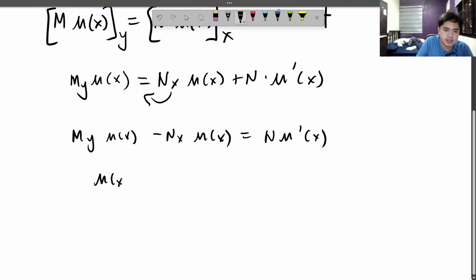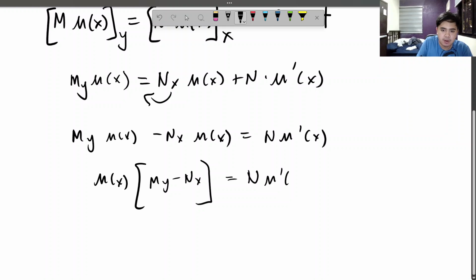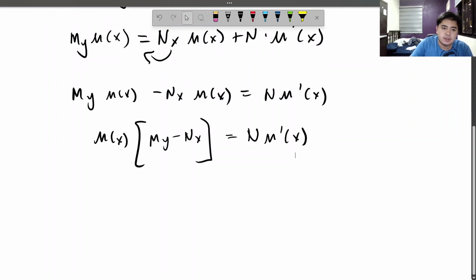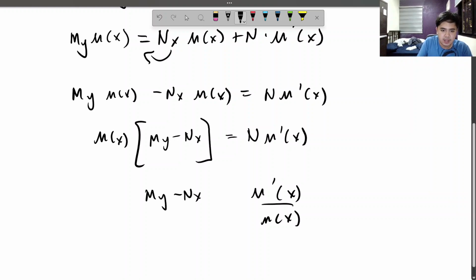So we get mu of x times quantity my minus nx equals n mu prime of x. Let's put everything related to mu on one side. So on the right hand side we get mu prime of x over mu of x. On the left hand side we get my minus nx over n.